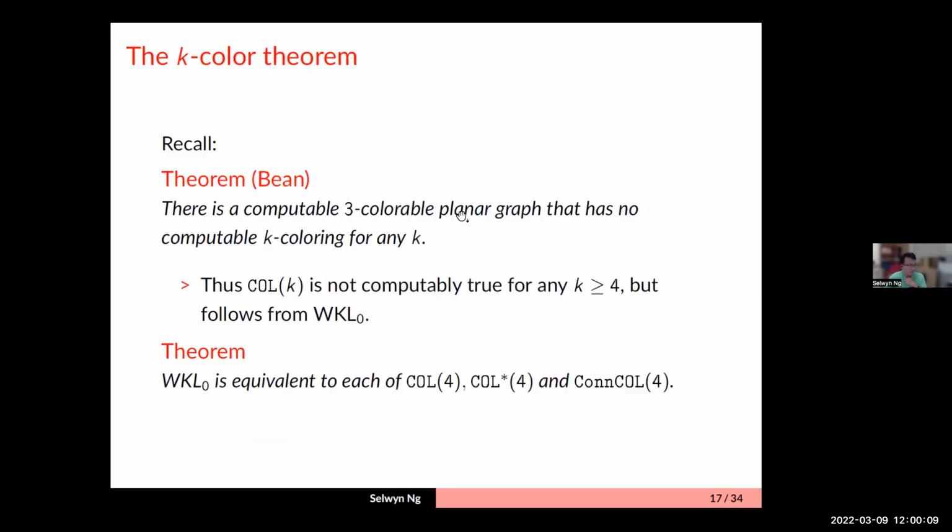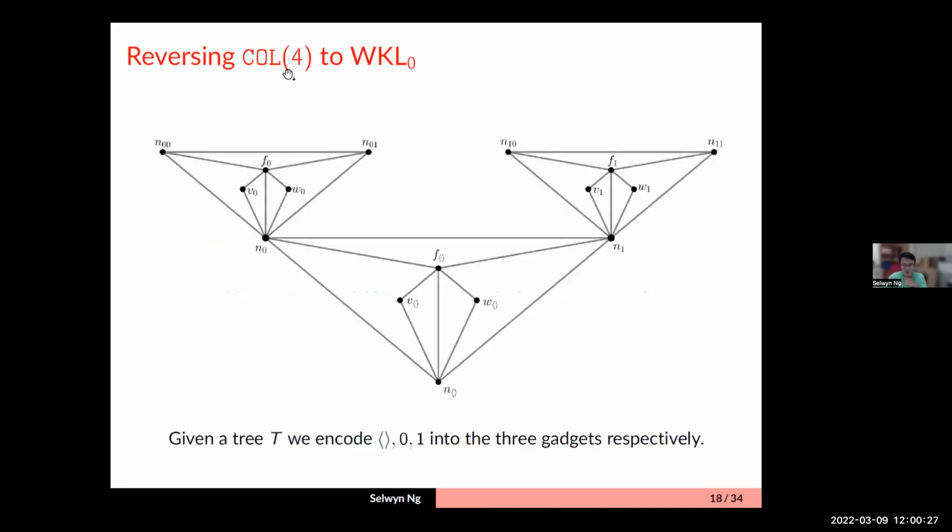First of all, from WKL to the four-color theorem is just the usual compactness argument. You do have to check that the classical proof of the four-color theorem doesn't use more induction than Sigma 1, but that's not really a problem. So the main task is to do the reversal.